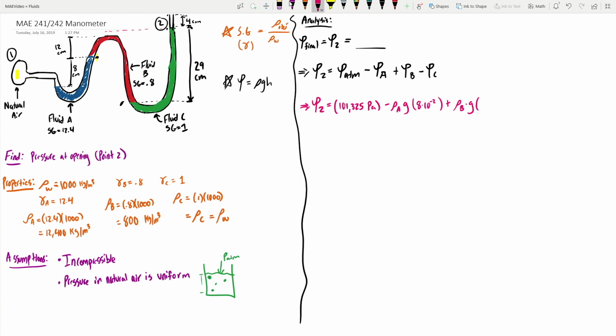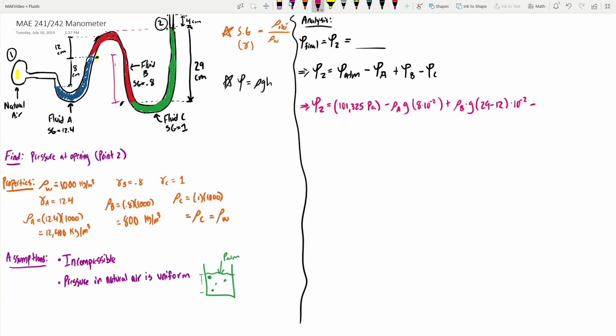Sorry, it's actually supposed to meet up here, so that's at the same location there. Okay, so for the red fluid, fluid B, the height change would be 29 centimeters, which is this height, subtracted from the 12 centimeters here. That gives you the difference here. So 29 minus 12 times 10 to the minus 2 to get that in meters.